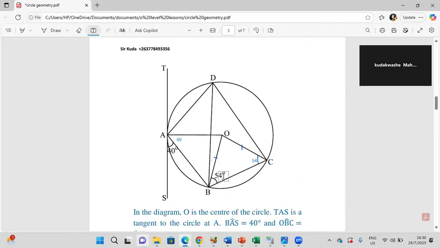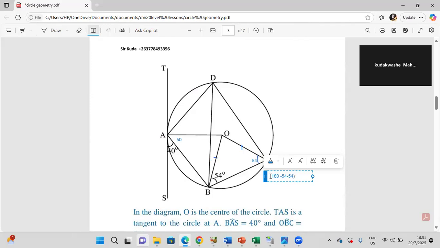Then, if this is 54 and this is 54, this BOC is a triangle. And if you add all the angles inside a triangle, they should give you 180. So already we have two angles, 54 and 54. So you can say 54 plus 54, or you can say 180 minus 54 minus again 54.